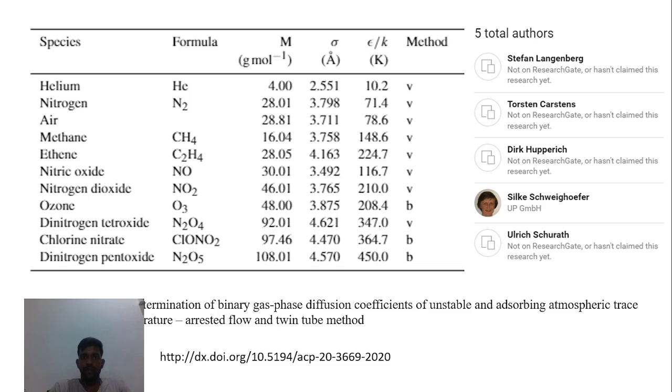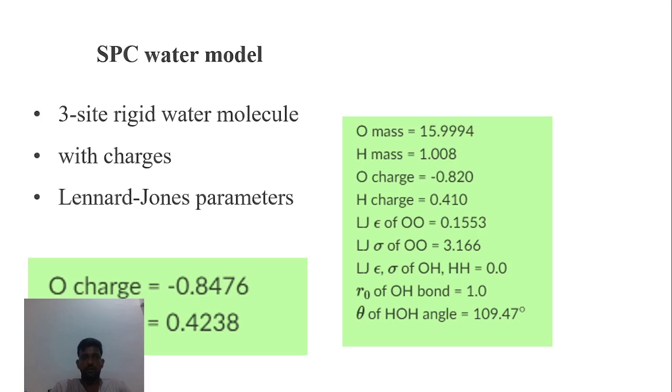So it is very easy to see now that the systems we are considering generally don't have any permanent dipole moments, or if they have some dipole moments, I am just taking these examples to show that for doing calculations on these kinds of systems you require sigma and epsilon parameters. So I hope this is clear.